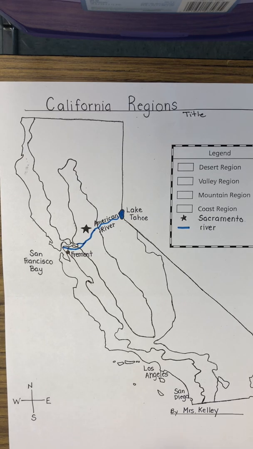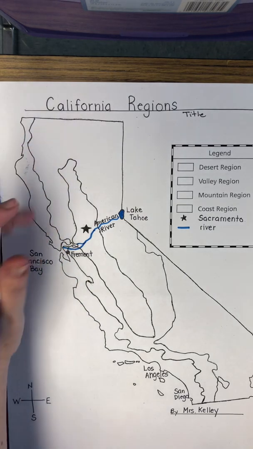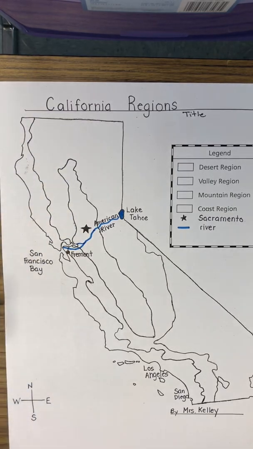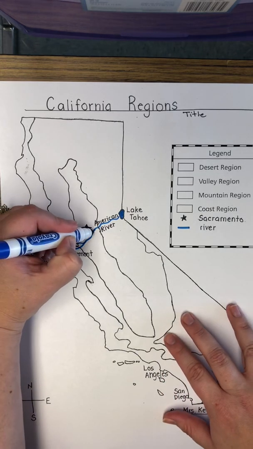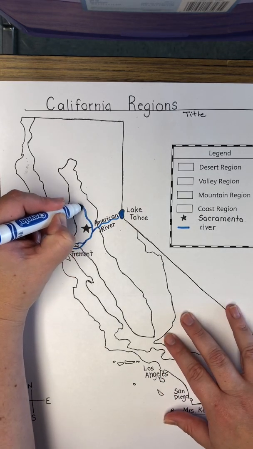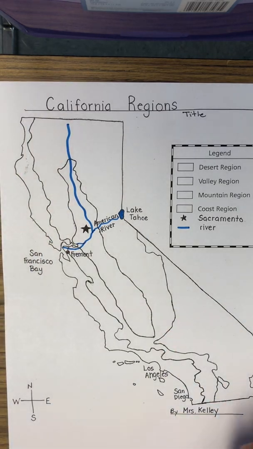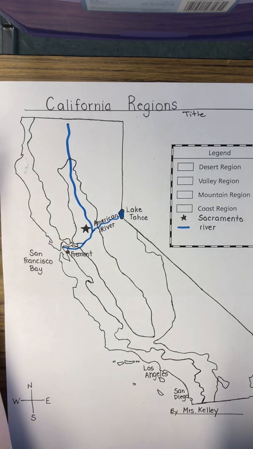Then we have another one that flows north from around Sacramento, and it flows north up to the northern part of our state. All right, and that one flows right through this area and almost gets to the top and stops. Okay, now I'm going to take my black marker and label that. That river is actually called the Sacramento River.